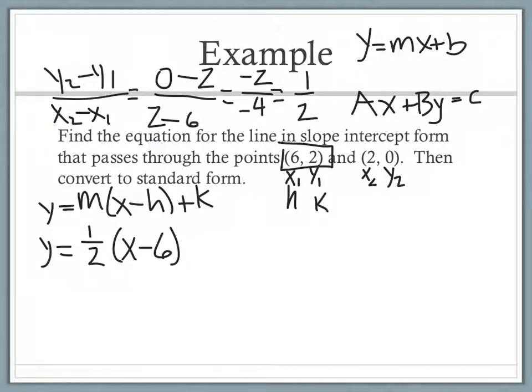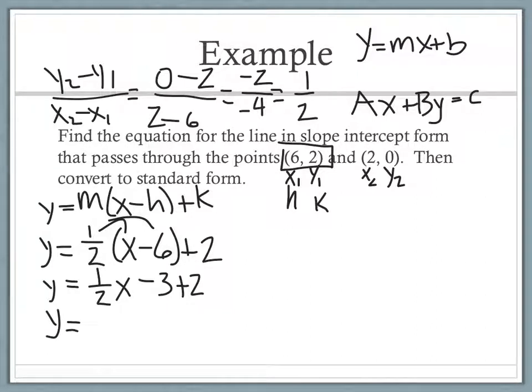And then y is k, so plus 2. Now we need to distribute. So y equals 1/2 x. Half of 6 is 3, so minus 3 plus 2. Now I'm going to combine like terms, so I have y equals 1/2 x. Negative 3 plus 2 is negative 1.